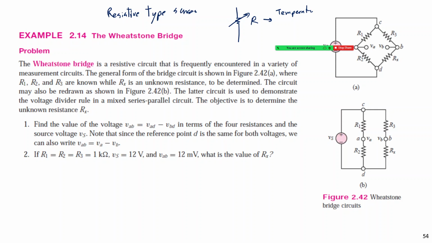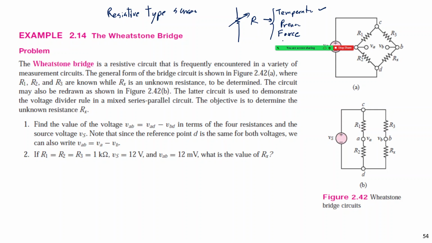But we need to connect the resistor with some circuit to transform it into a voltage or current, in order to represent the temperature of this area, right? Or the pressure or the force, or any variable you would like to measure.